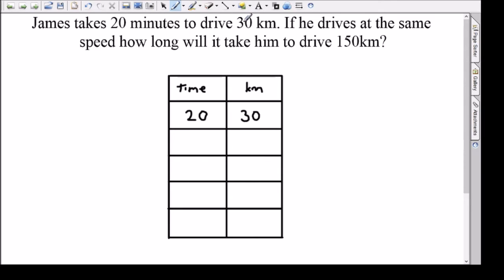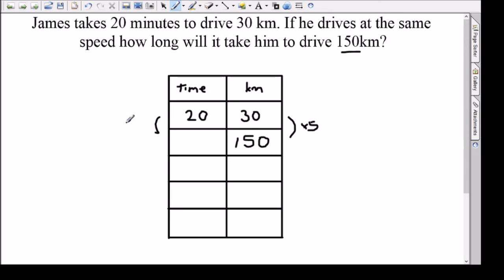And we're looking to get from 30 up to 150. We want 150 in here. So how many of these go into there? So you might spot that 5 of those go into 150. 30 is going into 150 five times. So actually, if I times by 5 there, I can get to 150 here.